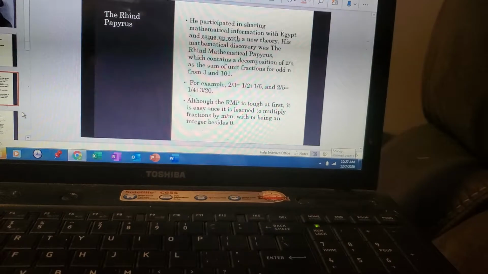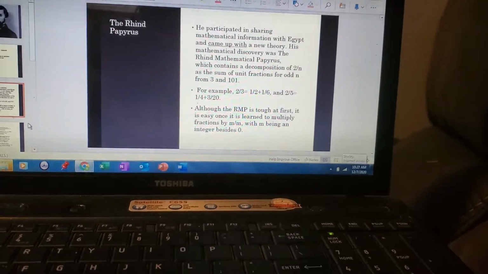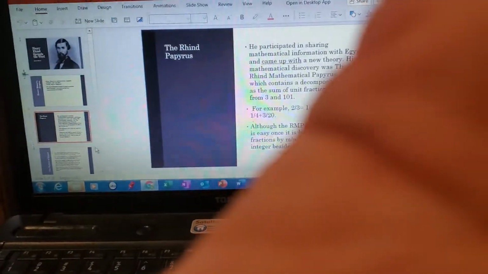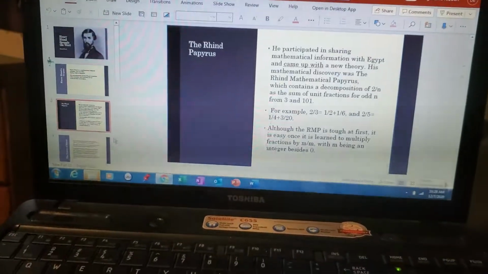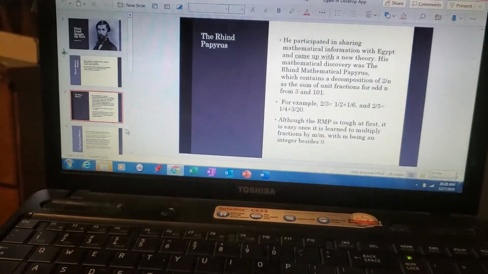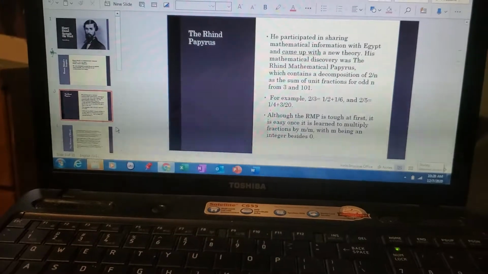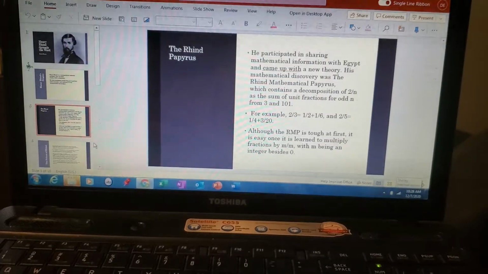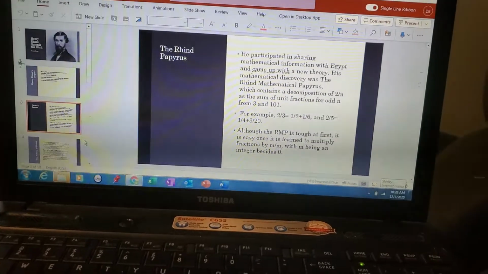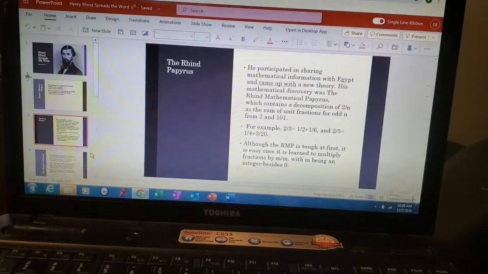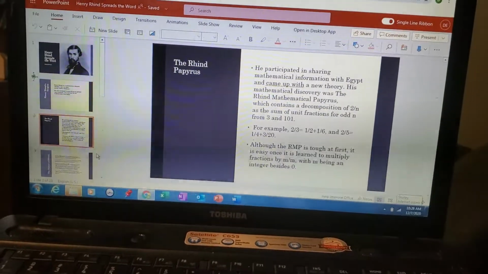For example, 2 divided by 3 equals 1/2 plus 1/6, and 2 divided by 5 is equal to 1/4 plus 3/20. Although the RMP is tough at first, it is easy once it is learned to multiply fractions by m divided by m, with m being an integer besides 0.